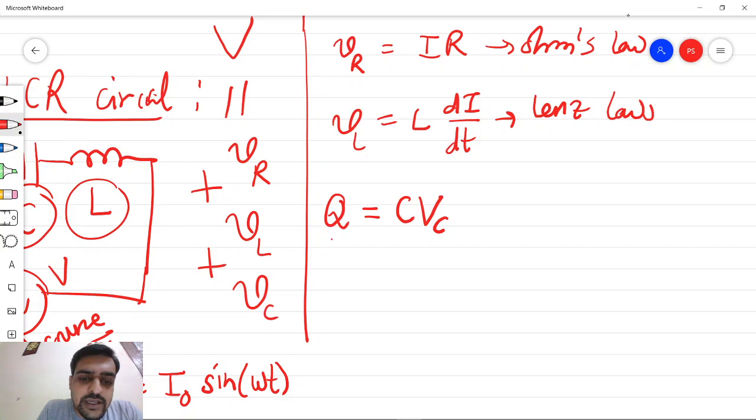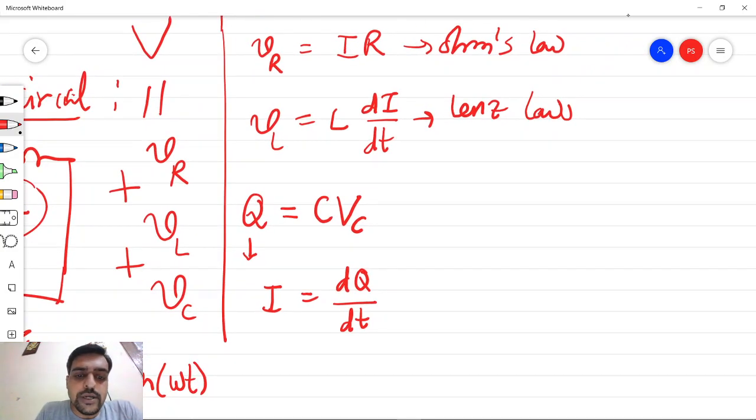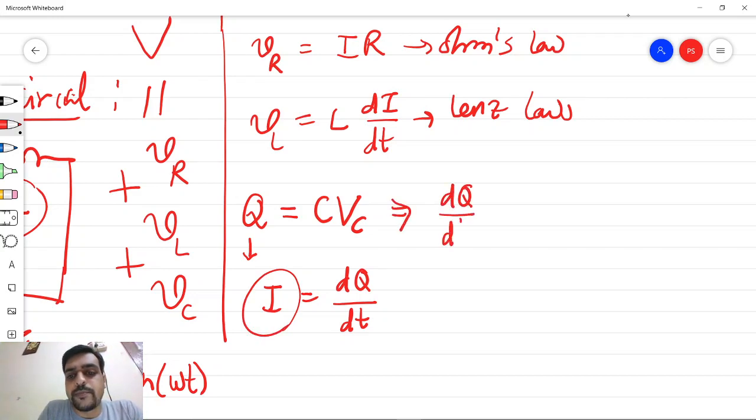Now by definition, we know that current is the rate of flow of charge with respect to t. So in order to introduce the quantity I, we will differentiate this with respect to t.